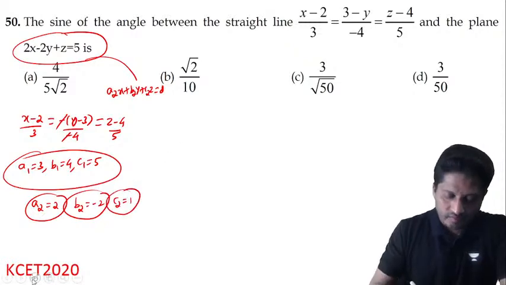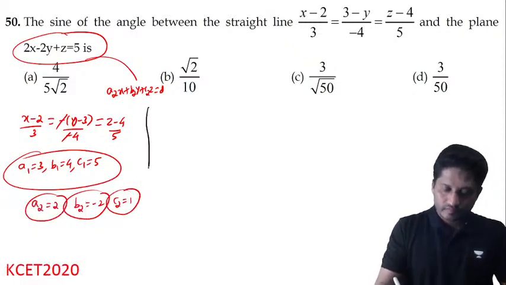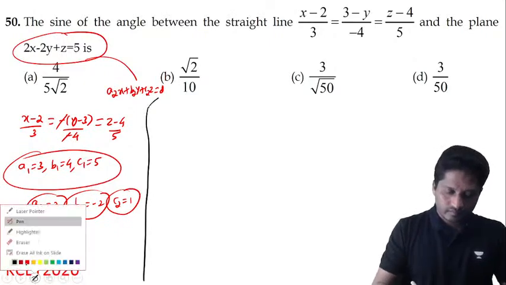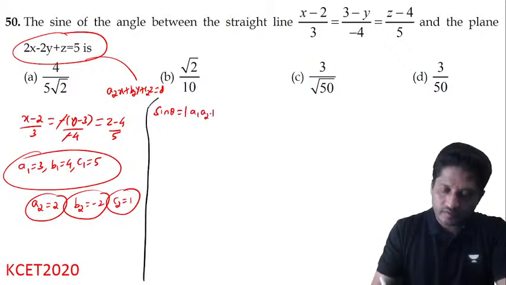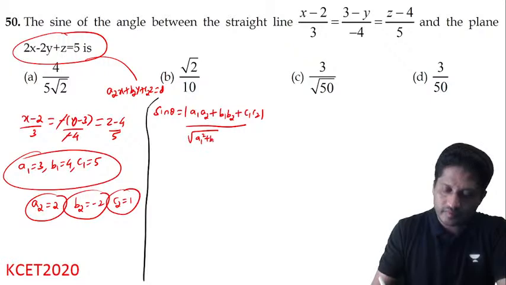Now sine theta, where theta is the angle between line and the plane, is equal to modulus of a1 into a2 plus b1 into b2 plus c1 into c2 by root of a1 square plus b1 square plus c1 square into root of a2 square plus b2 square plus c2 square.